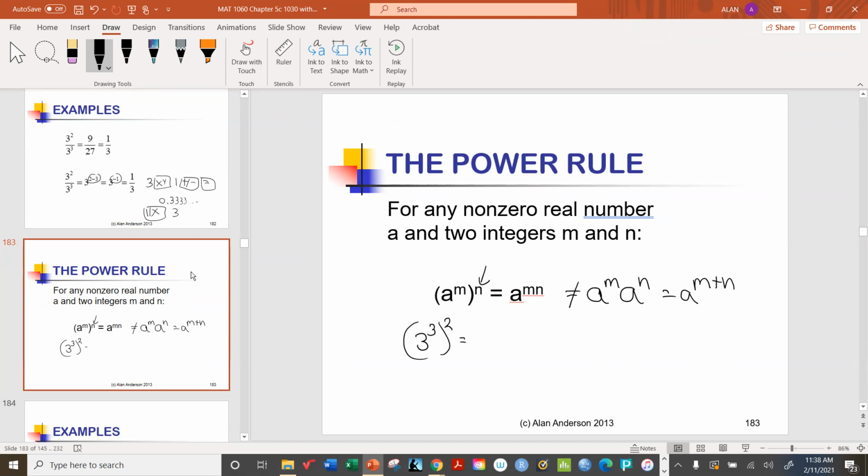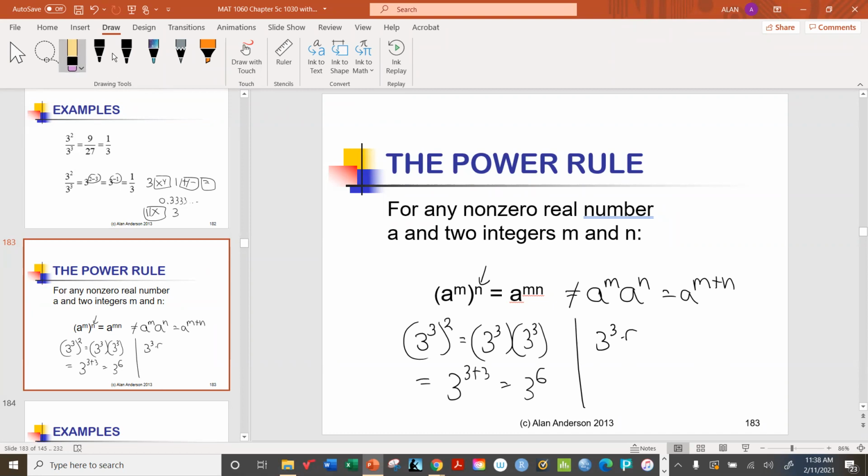This actually means 3 cubed multiplied by itself twice, which equals 3 to the 3 plus 3 power, which is 3 to the 6. Whereas over here on this side of the fence, 3 cubed times 3 squared is very different, isn't it? This is where I would add them up, and I get 3 to the 5th.